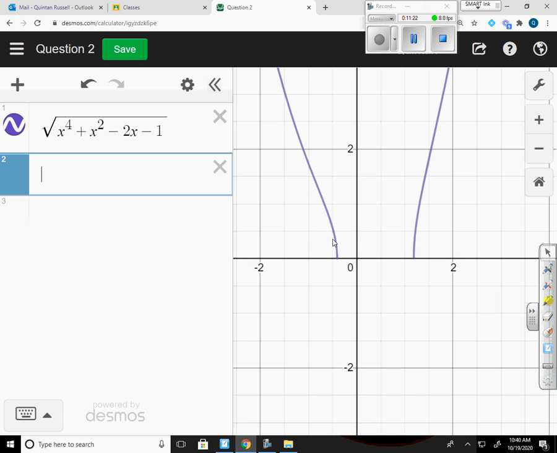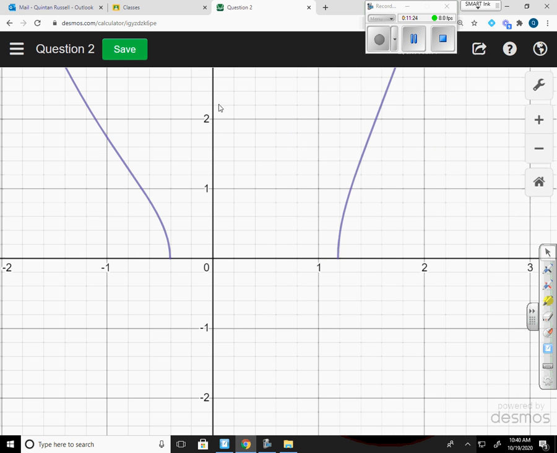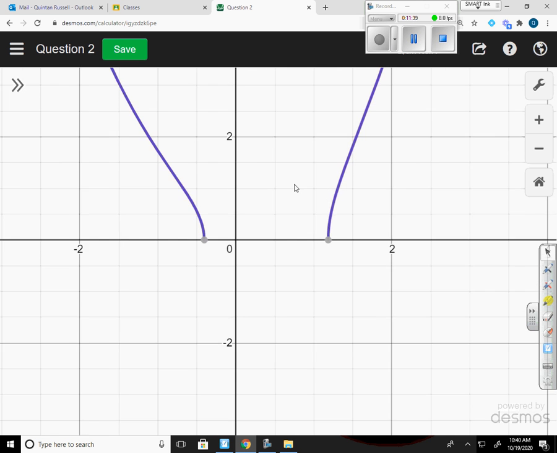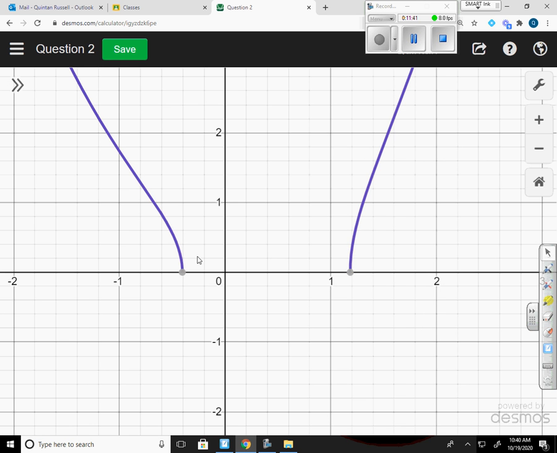Okay, whenever I graph this, we can see that it comes down and stops. But I have my point here at negative 0.405. You see over here, I also have a right side that comes down and stops. Important to note that you can have more than one 0.